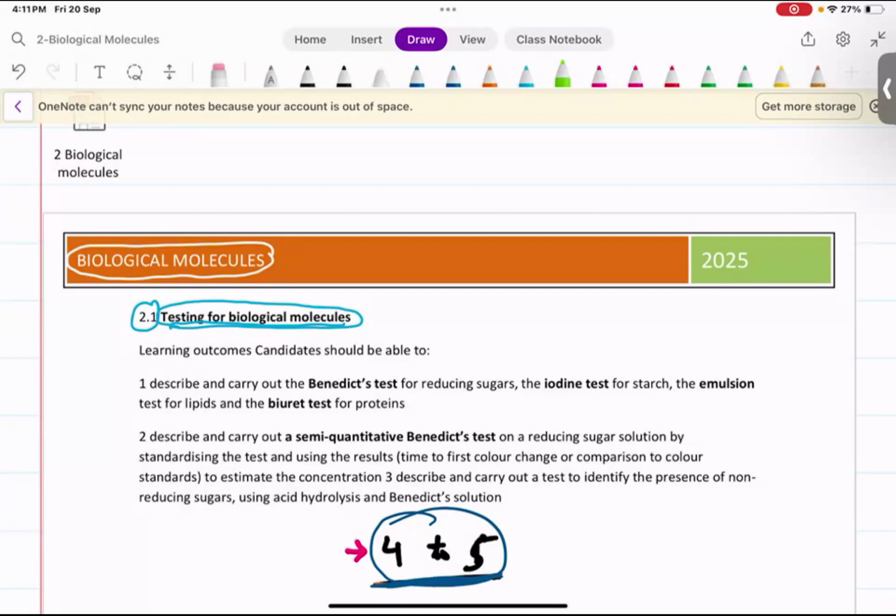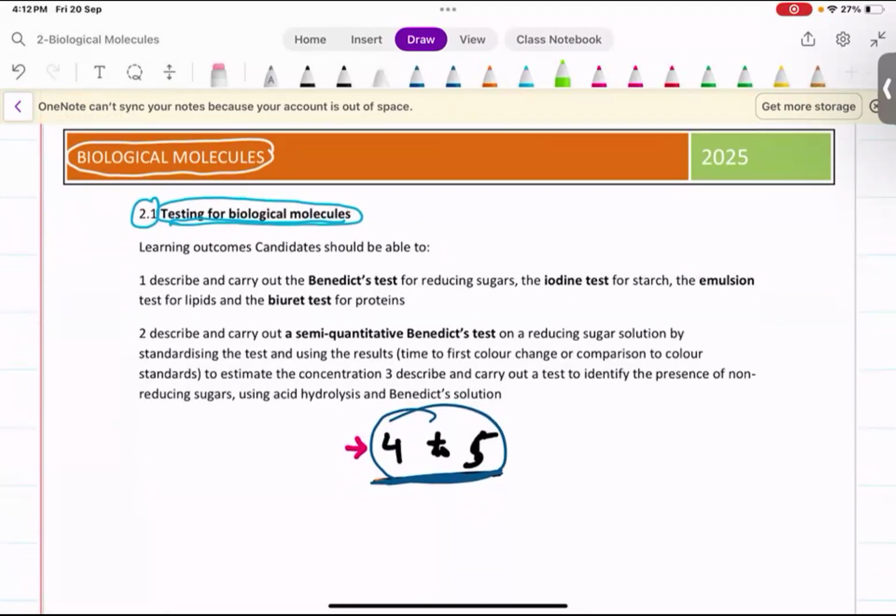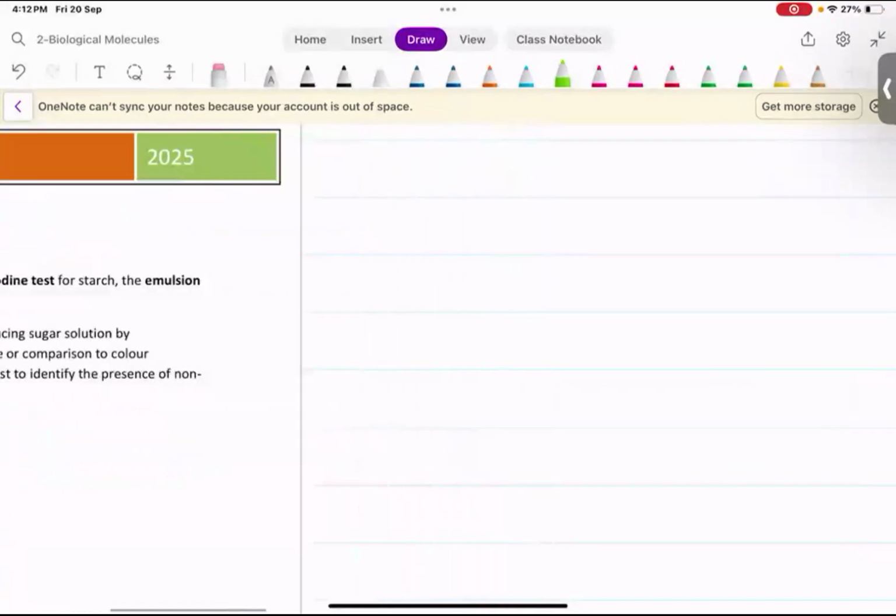Okay, so we will only see their importance in the biological systems and their structure, how the structure is important as the biological molecules. The chemical details of these molecules are not needed. Okay, so let's see biological molecules.